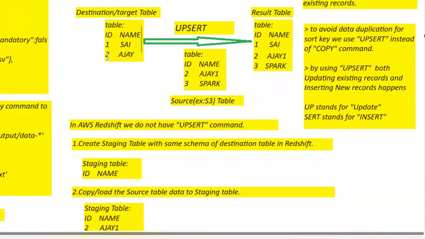So if a unique ID match is found, then you need to update this value with whatever the new value of the staging table is, right? So that you need to perform in the third step during this upsert process.